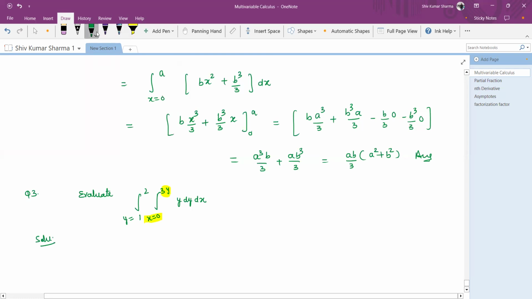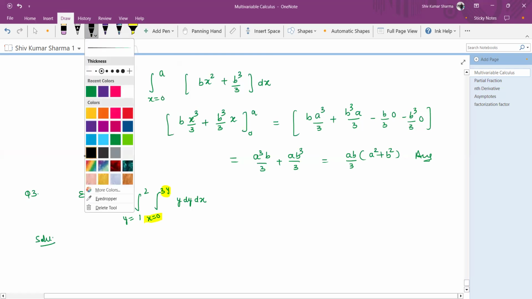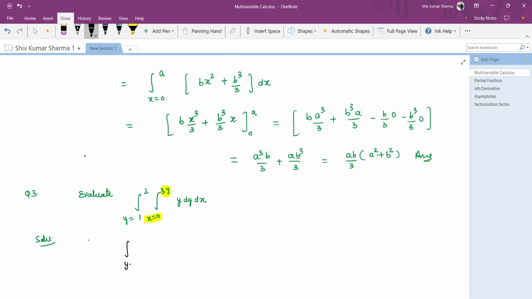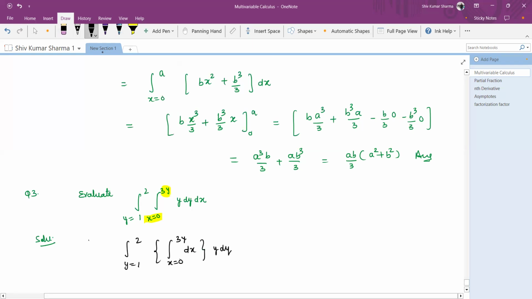So first we solve the variable limit. We write y equal to 1 to 2, and integrate first with respect to x, so x equal to 0 to 3y. When we integrate with respect to x, y dy works as a purely constant, so we take only dx, and we can write y dy outside of this integral.